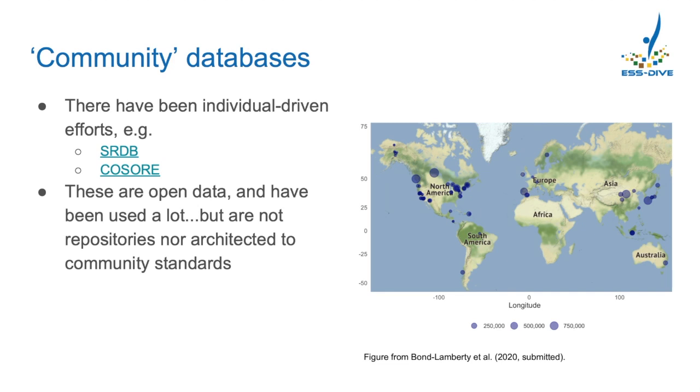These are open data and they've been used, but this has been somewhat ad hoc and they're not architected to community standards because there aren't community standards in this area. The big contrast would be in things like FluxNet and AmeriFlux, where through painstaking, laborious work, the international community has international standards on eddy covariance data.